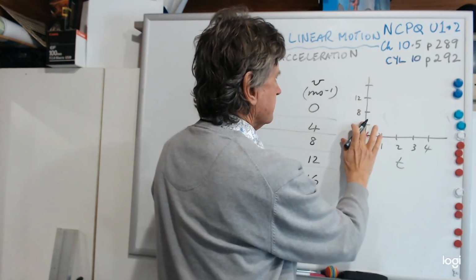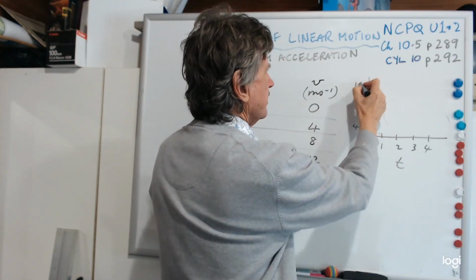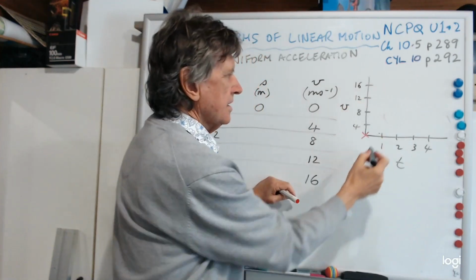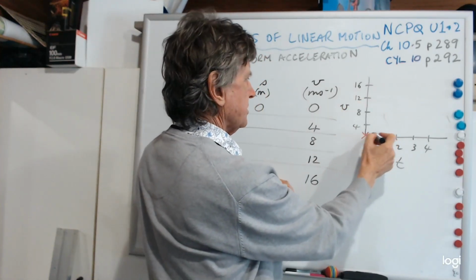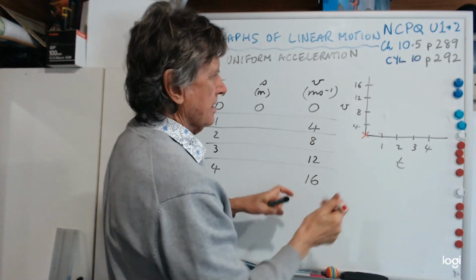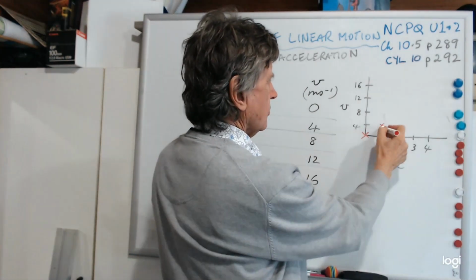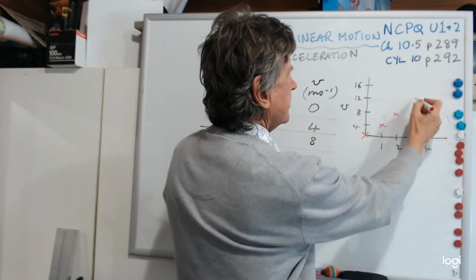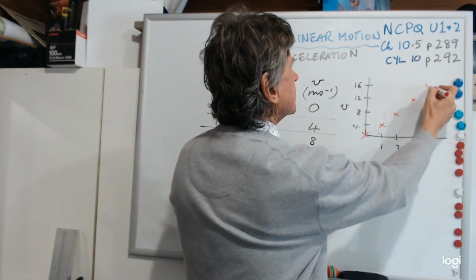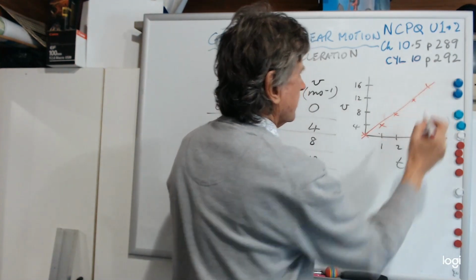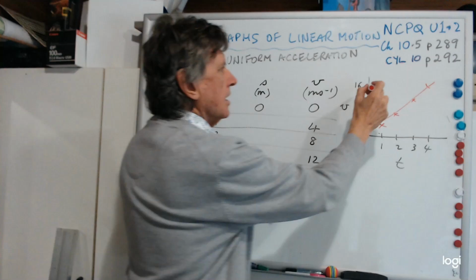Now that should do you. That's V. So 0, 0, 1, 4, 2, 8, 3, 12, 4, 16, and you can draw a straight line through that. Okay.